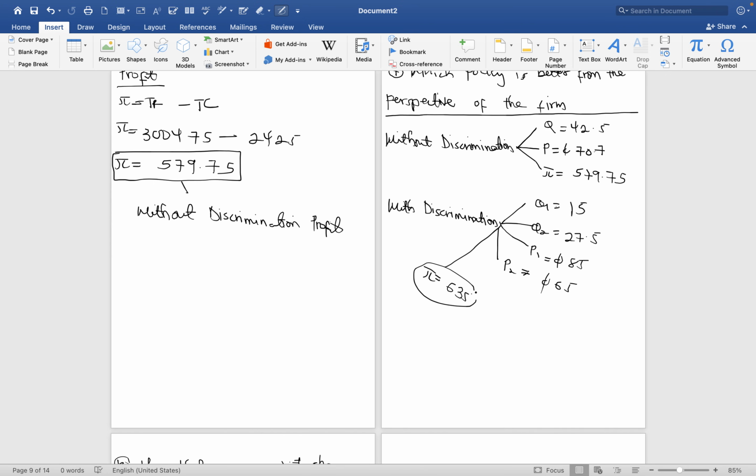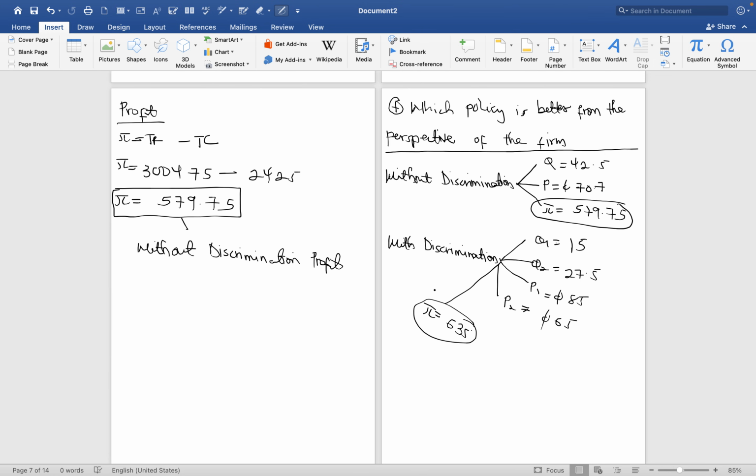So this is profit. This is also profit, but this is profit for what? Without discrimination. This is profit for what? With discrimination. So which policy is better from the perspective of the firm? So you compare. Now, if you check, here Q is what? 42.5.